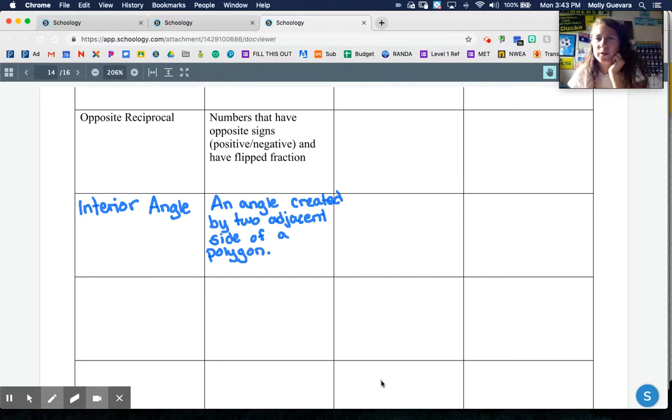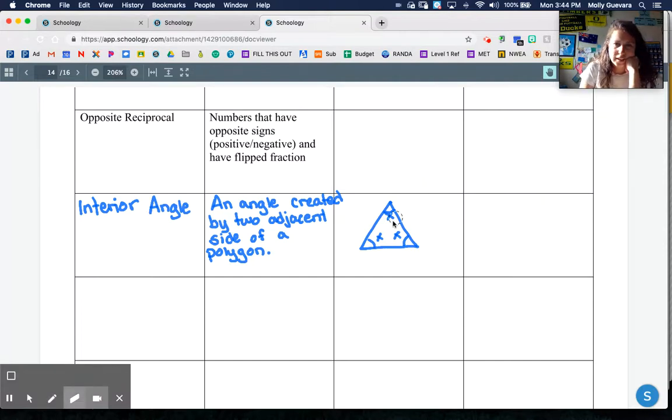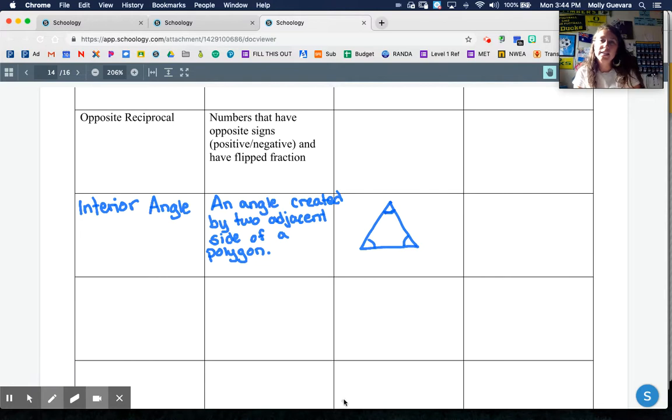So in not so many words, it's an angle inside of a polygon, okay? So again, if I have a triangle, all three of these angles are interior angles. Not to be confused with remote interior, because remote interior means that there's an exterior angle as well.